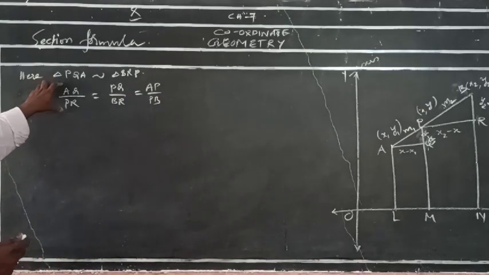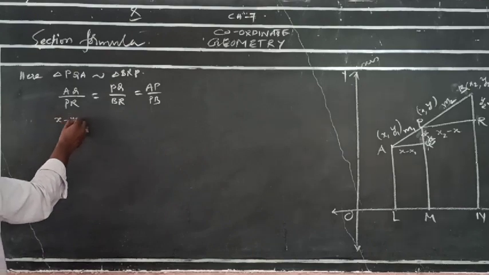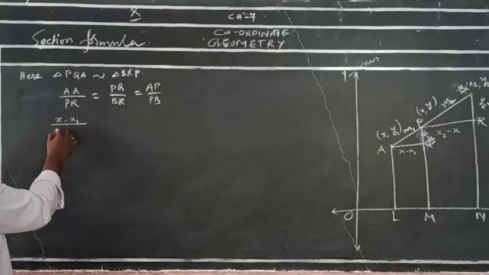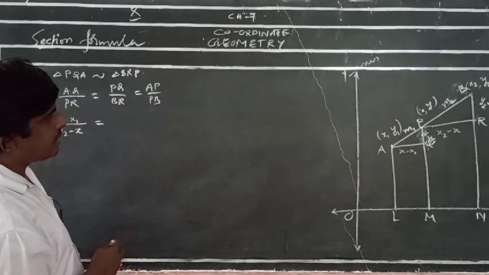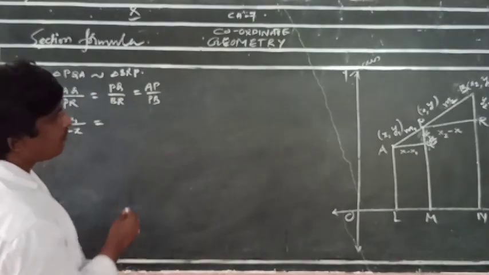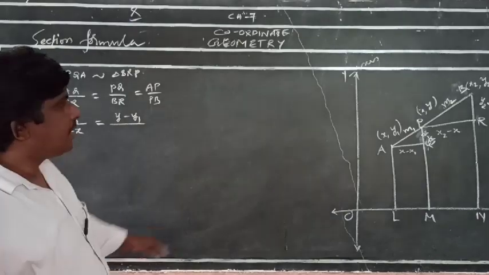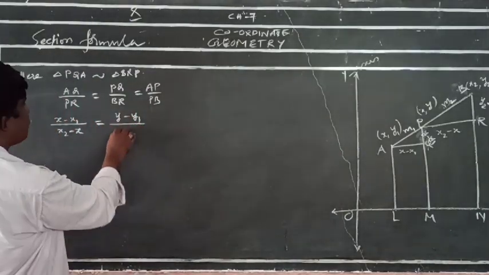Now substitute the values. What is AQ? AQ is x minus x1. What is PR? PR is x2 minus x. Next, PQ means y minus y1. What is BR? Here BR is y2 minus y.